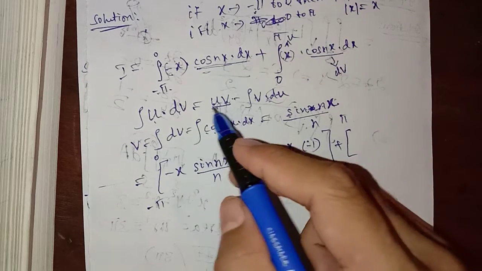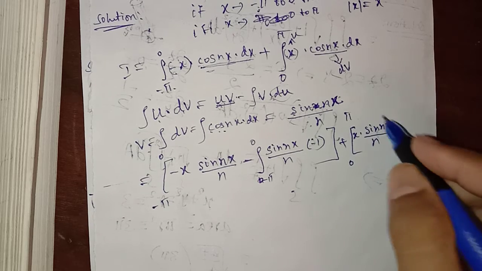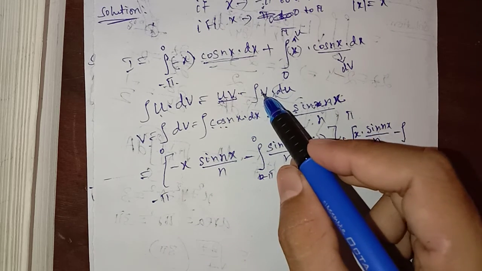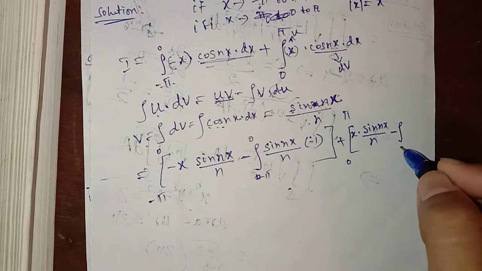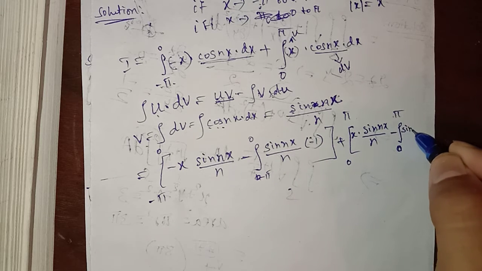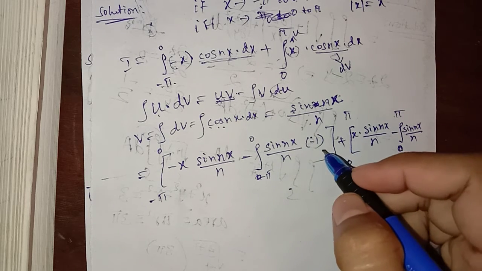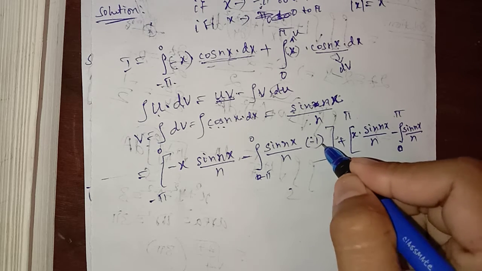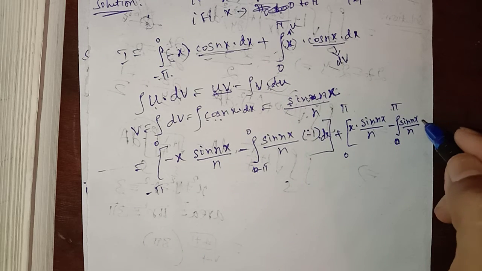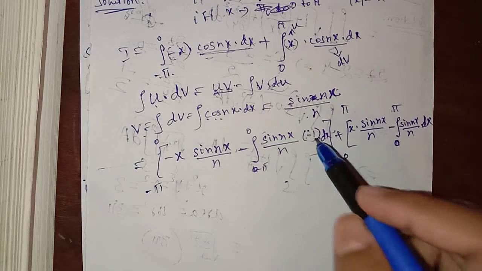So uv is x into sin nx divided by n, minus the integration of v du from 0 to pi. Here v is sin nx divided by n, and du is dx. The earlier du is minus dx, because the differentiation of minus x is minus dx.